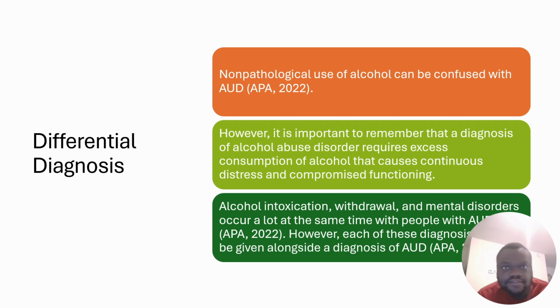It's quite common for people to experience comorbidity of alcohol use disorder and other mental health disorders, which could have been induced, as well as alcohol withdrawal and intoxication. However, the APA instructs not to pick one over the other. You're instructed to diagnose all of them, list all the diagnoses basically.